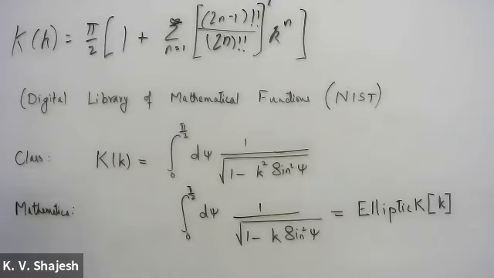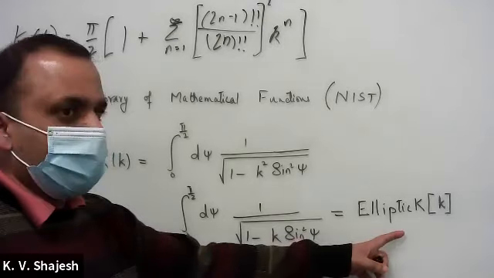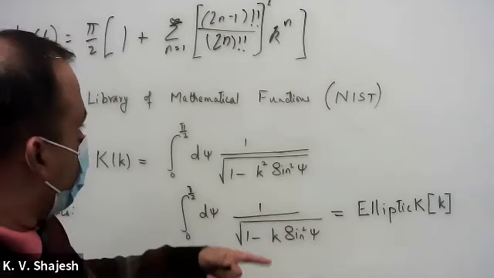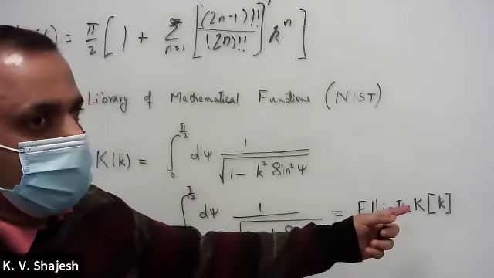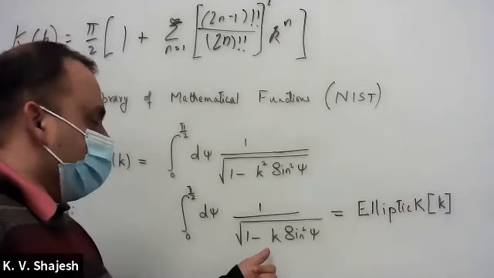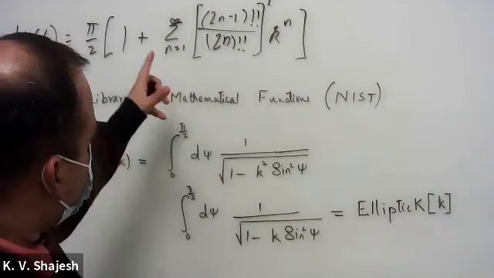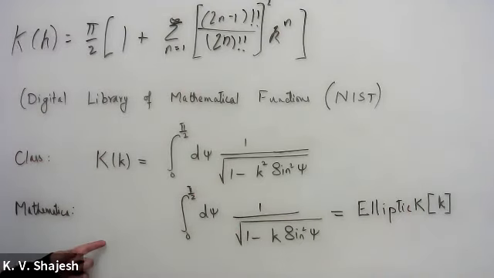So if I were to work in Mathematica, start from here and ask it to take a series of this, it will give me a series in K. But the understanding is that I should be putting it as K squared. So this seems to be related to this, but maybe one should be careful in saying anything.